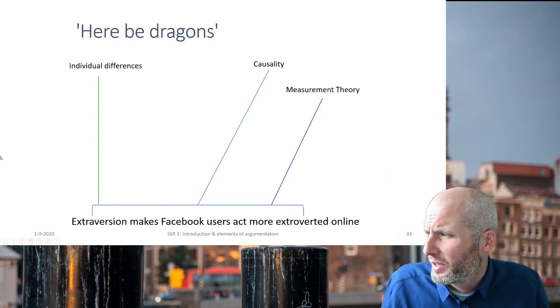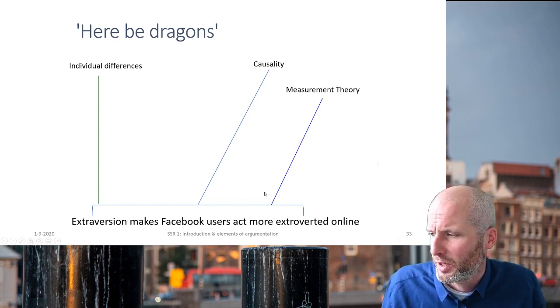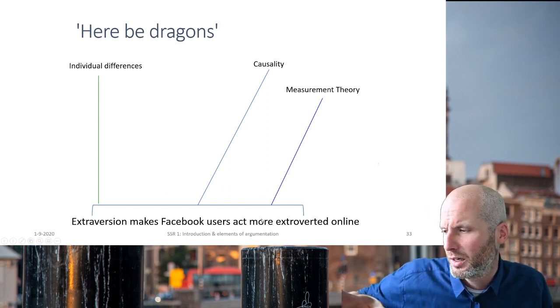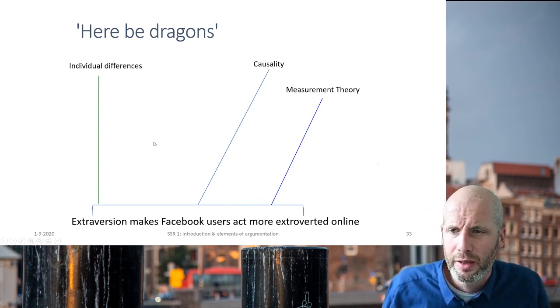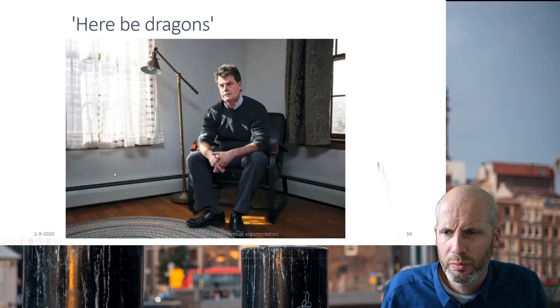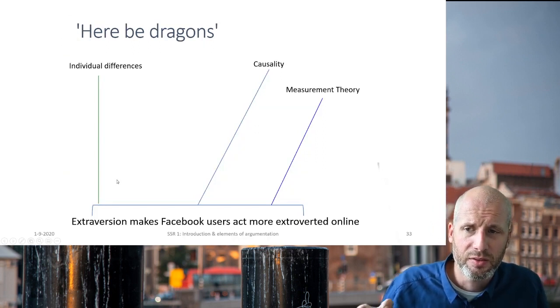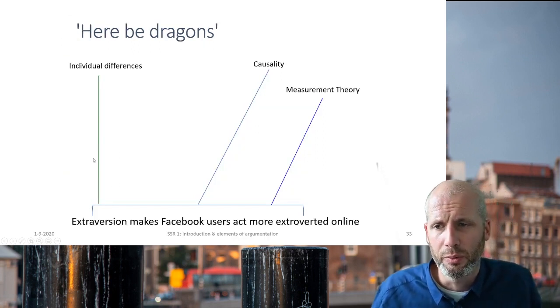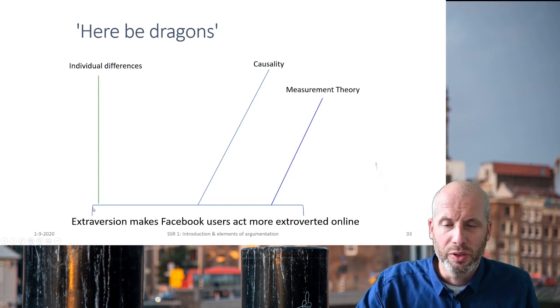So you need to be able to think about how individual differences are measured, how causality works, and how measurement works to say something about whether it was actually the case that there was more such and such between those groups, and it was caused by this construct. So to make sense of what people are saying about psychology and to make sense of psychological research, you need to be able to use those critical thinking skills. You need to be able to break down into components what people are saying to you, even if it's in published research.